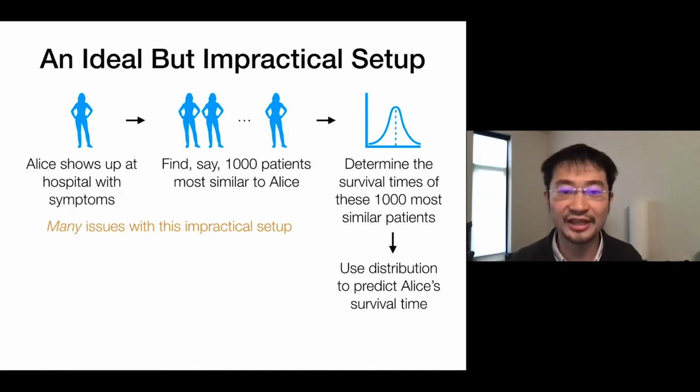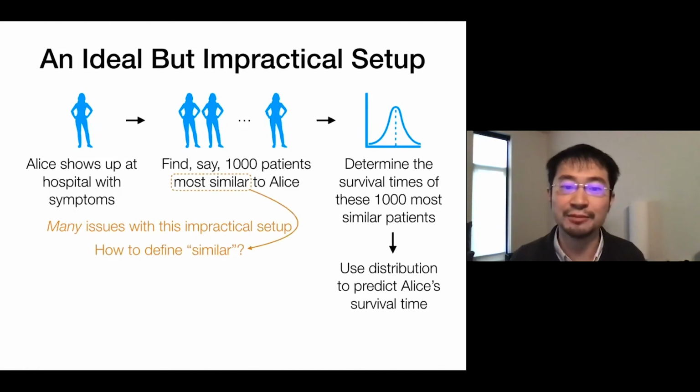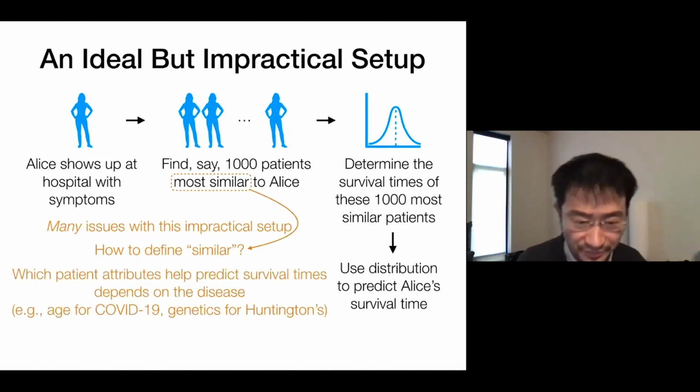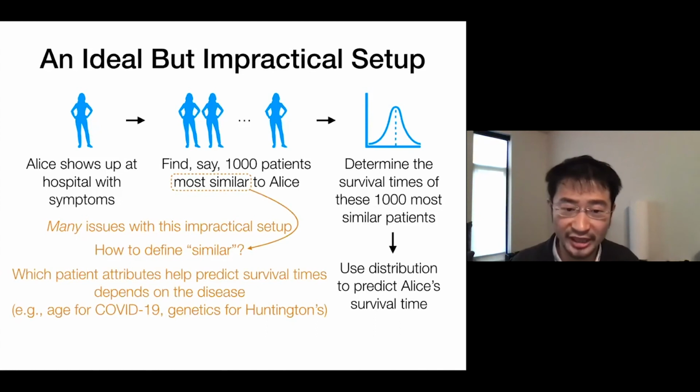I mean, there are many issues with this setup. One of the key things we'll be talking about is this part about "most similar." How do you define which patients are most similar to Alice? Well, this depends on what problem we're looking at. Depending on the disease we're looking at, how you want to consider similarity can change. For example, age is very indicative of risk for COVID-19.